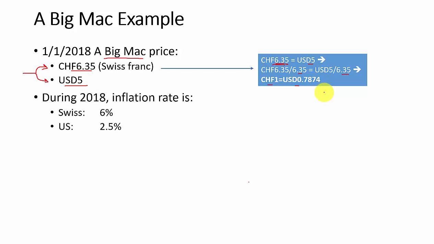Now, during the year of 2018, let's assume that the inflation in Switzerland is 6%, and in the US is 2.5%. So when there is inflation, what will happen to price? Clearly, price will increase by the inflation rate, right?